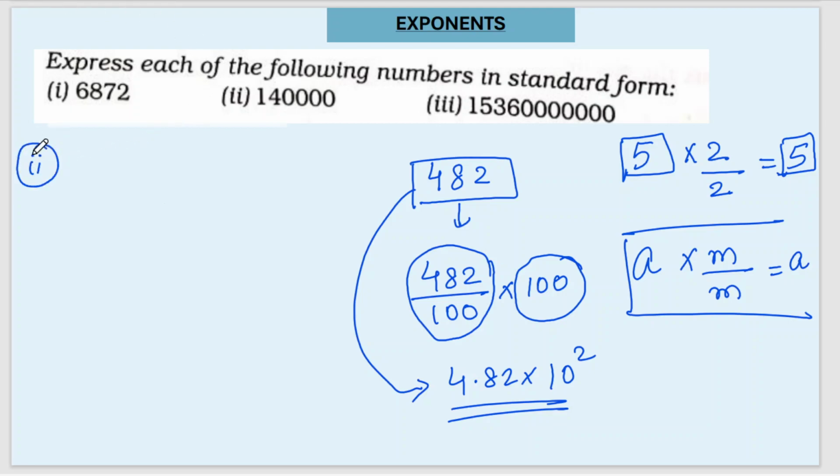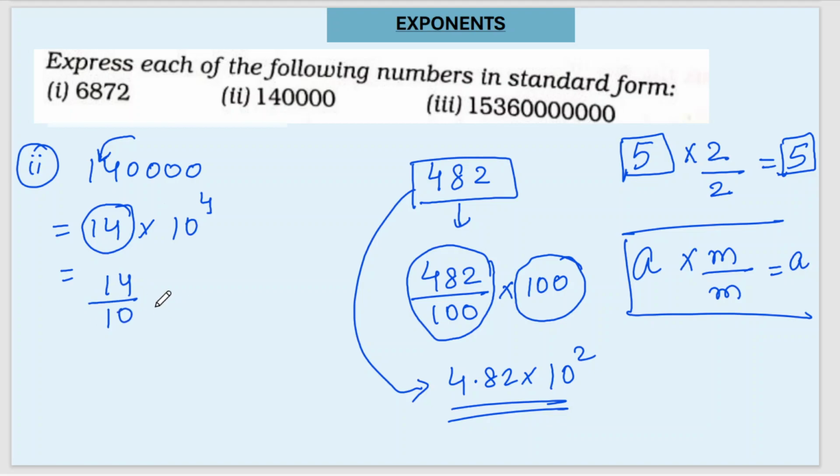Second one, 14000. It has 4 zeros. What are we going to do? We want the decimal here. So before writing the decimal, can I write this as 14 into 10 to the power 4? I can write this because there are 4 zeros. Now I want to convert this into decimals. I will divide it by 10 and get 1.4, but at the same time I have to multiply, and I will write the rest, 10 to the power 4.